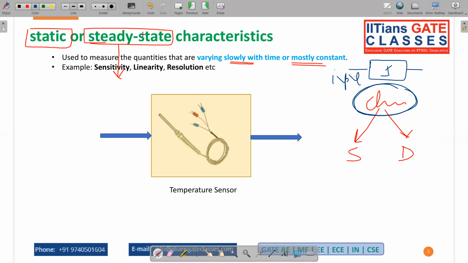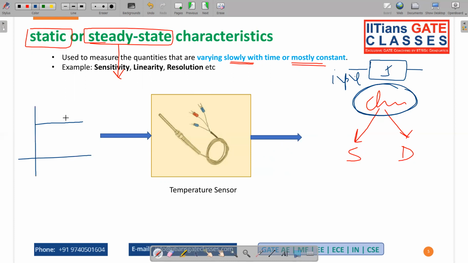So in static or steady state characteristics, the input is almost steady. You can say that it's varying very slowly with respect to time, or the input is mostly constant. But in the case of dynamic characteristics, the input is varying very fast. In that scenario, we use the transfer function approach to find the change in the input.